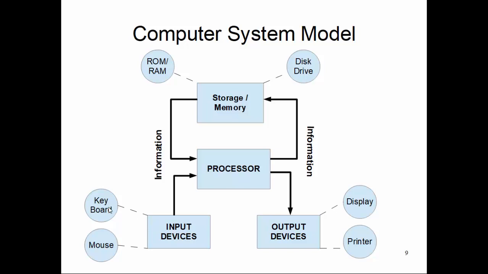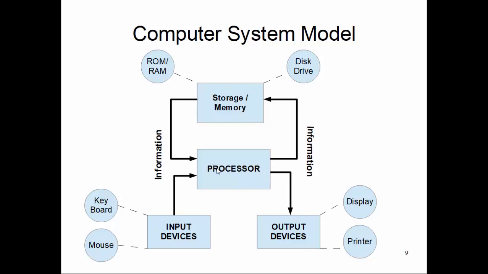Input devices like a keyboard, mouse; output devices like display, printers. Storage and memories can be ROM or RAM, which are hardware memories. It can be a disk drive, which is also hardware but a different kind of device. But in general, they are storage or memory. And these arrows mean the direction of the information flow.